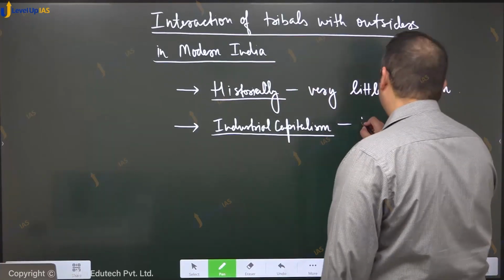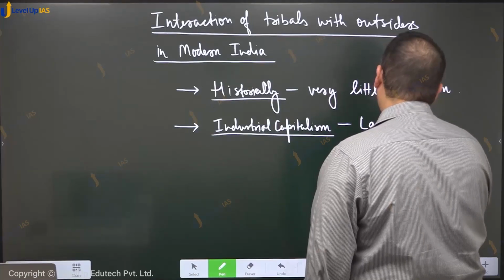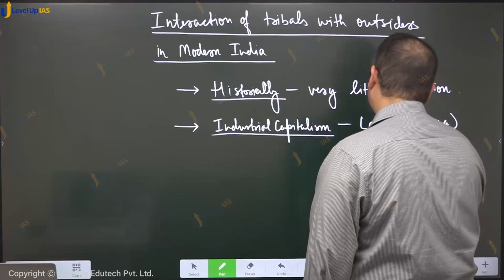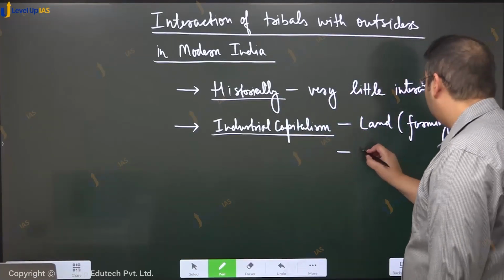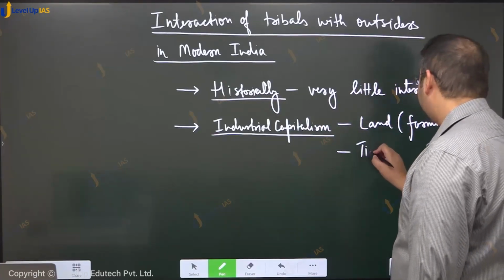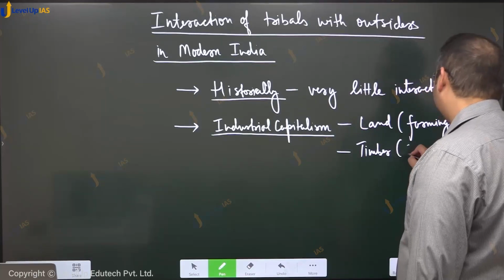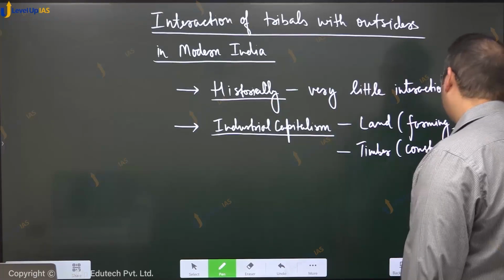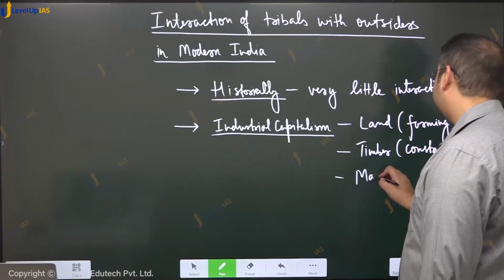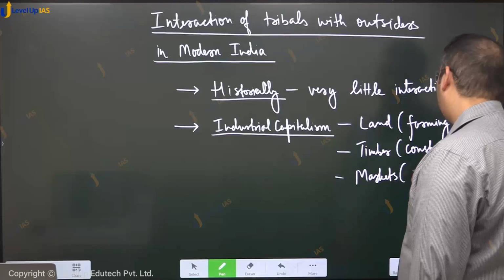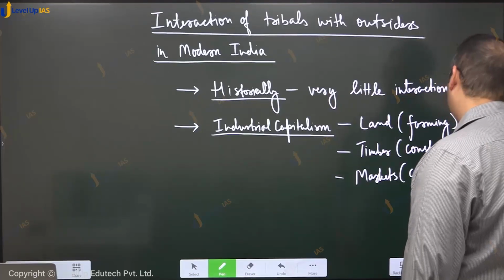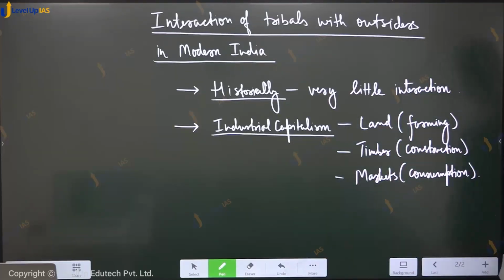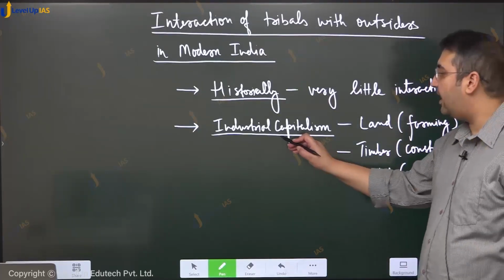Demands such as land for farming, further timber for construction, and markets for consumption. Okay.